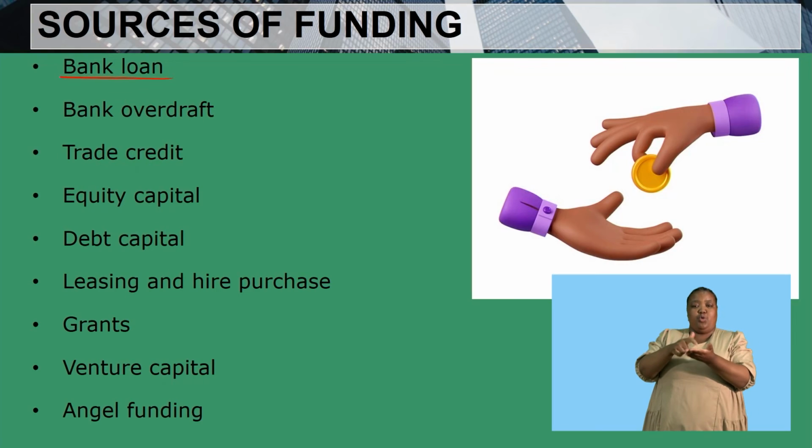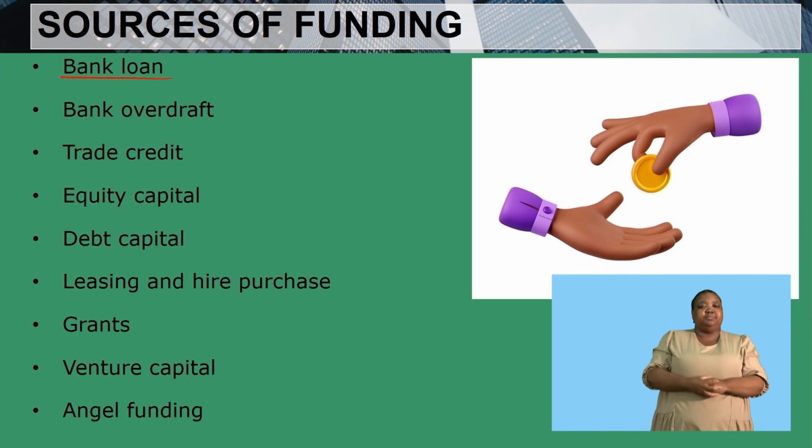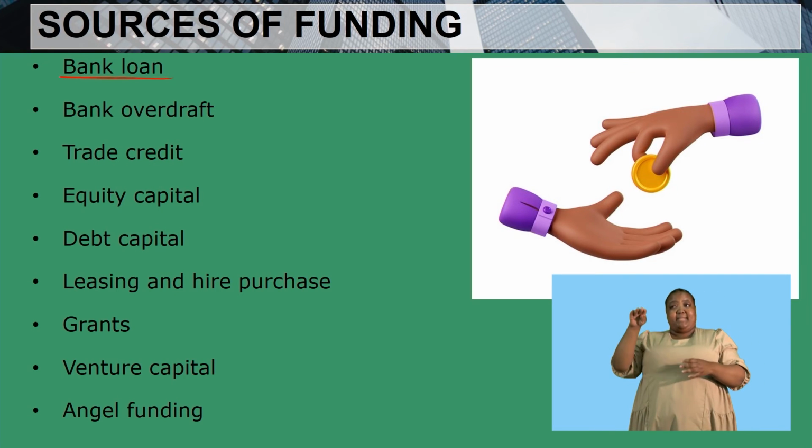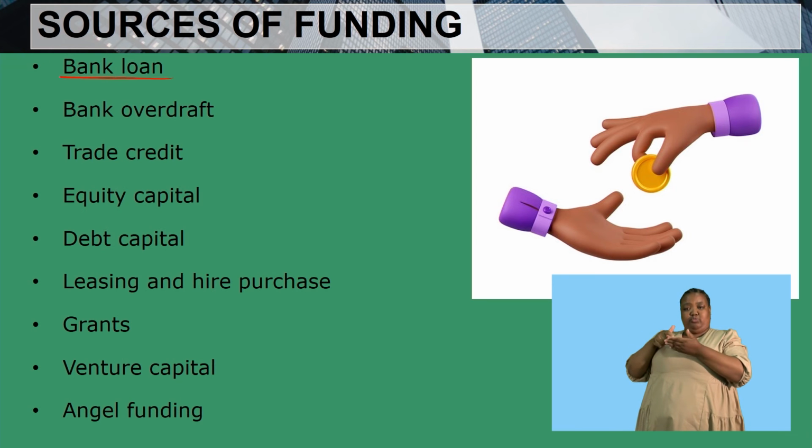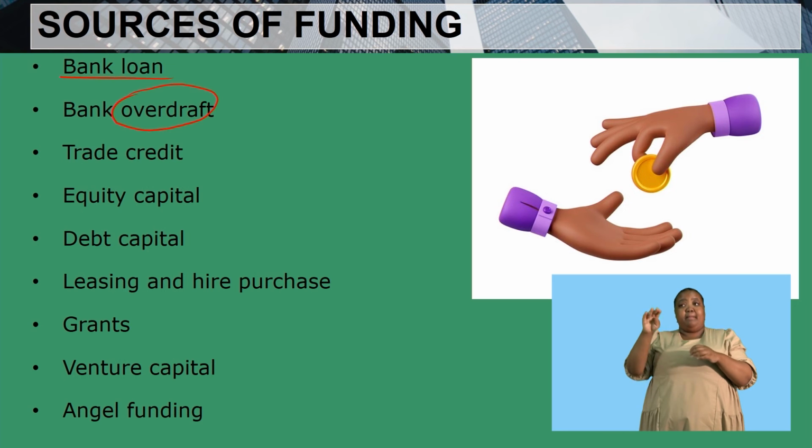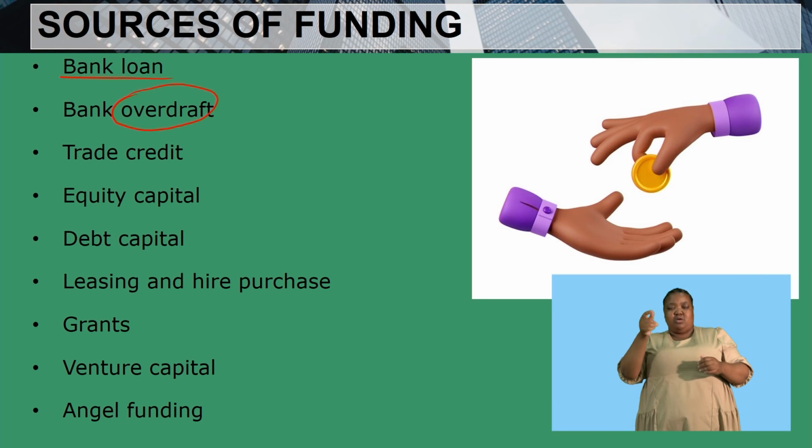You can either get a loan from the bank, or you can have an overdraft, which is simply when you are withdrawing more money than you have in a bank account, and the bank will then decide how much more you can withdraw.